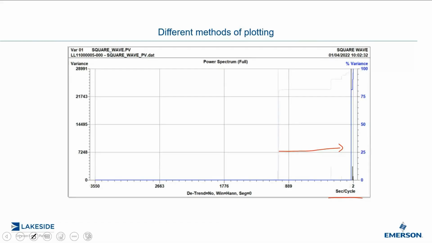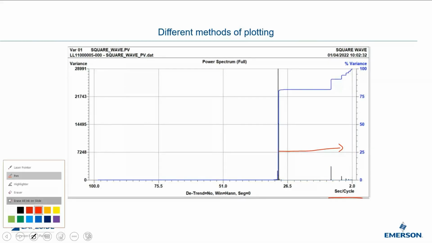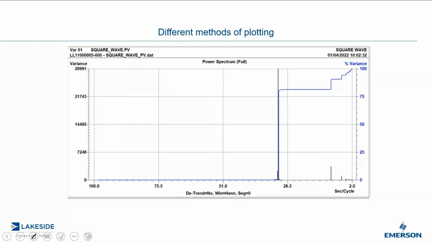So if I zoom in on that, you can see I got the same information, but now plotted differently. And because of the inverse nature, the harmonics appear to be much closer.